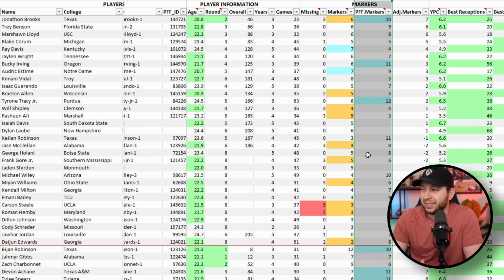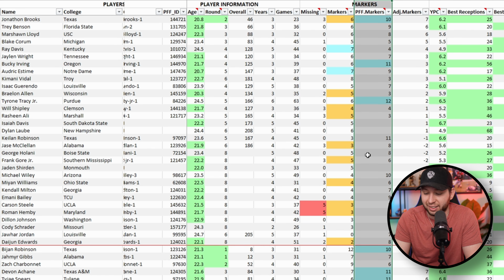I tried to find that same thing with the running back position, but I can't find a clear association between that grouping of PFF metrics and NFL success. I looked at a lot of the running backs that had way more PFF markers than my markers, and a lot of them still were not good at the NFL level. And then I looked at running backs that had drastically fewer PFF markers hit compared to my markers. And honestly, that list was actually kind of good to be on.